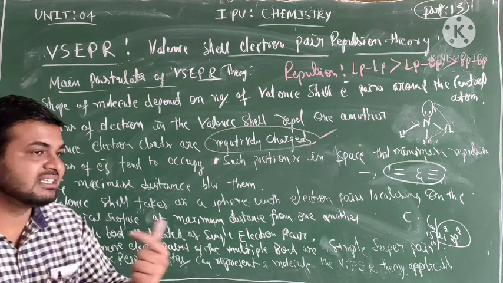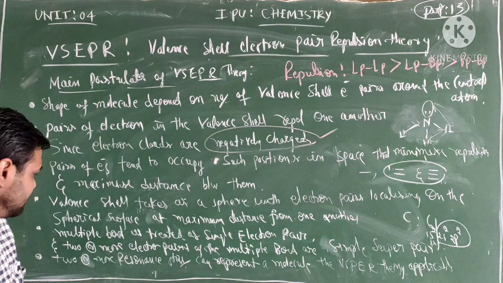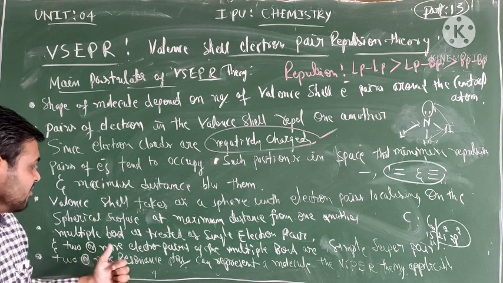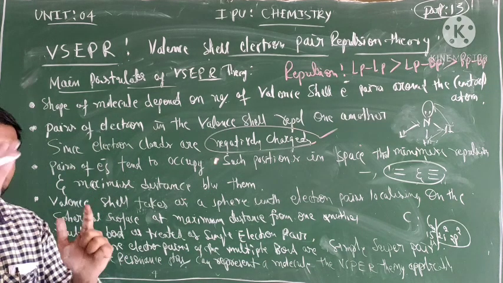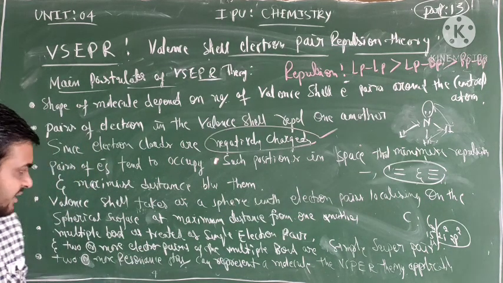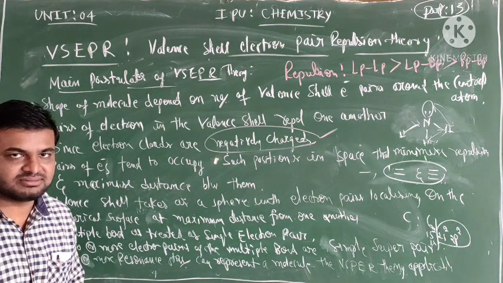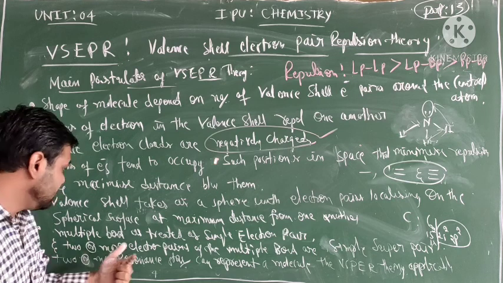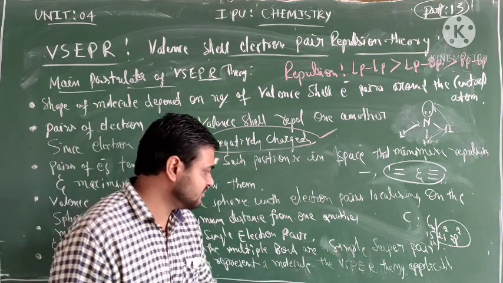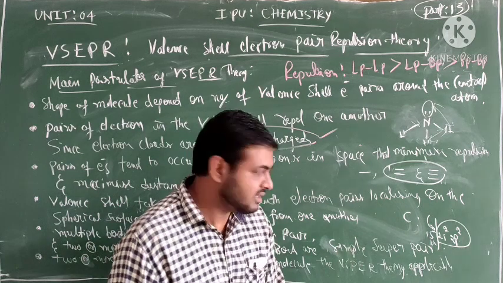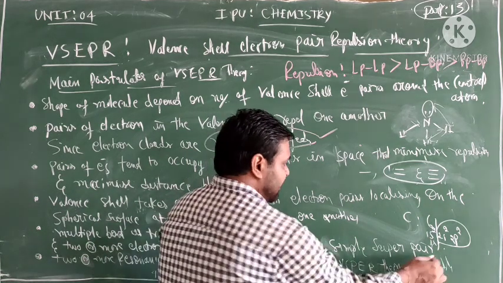We consider it as a single electron pair. But two or more electron pairs of the multiple bond, when there are electron pairs and multiple bonds, are called simple super pairs.